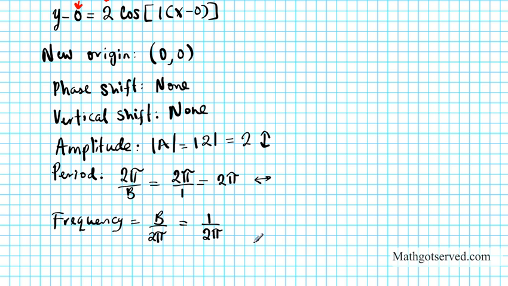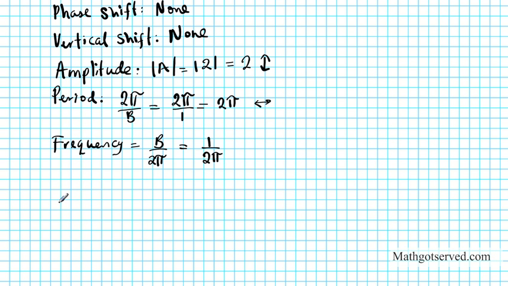Okay? All right, now let's set up our window to make sure that our graph fits in the allotted space. So our window will be set up as follows. From the center, which is 0, 0, I'm going to go up and down 2 units because that's my amplitude, okay? So I'm going to go up 2 units, and then I'm going to go down 2 units, okay?